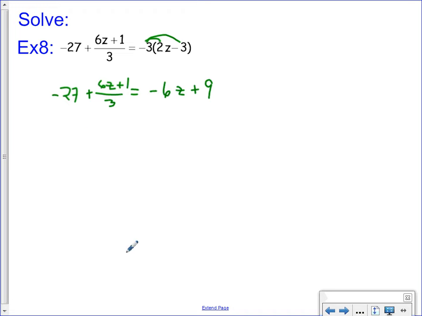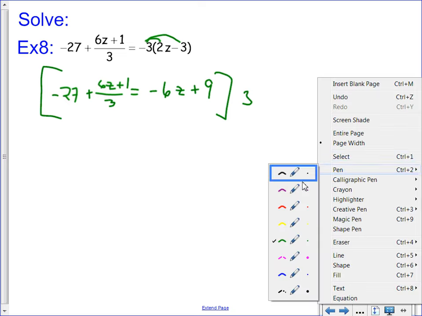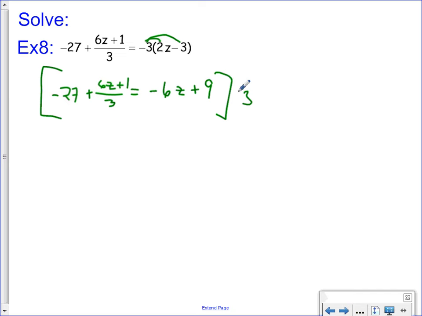Multiply by 3, exactly. So if we multiply everything by 3, right? So here's the distribution. We're going to multiply the negative 27 by 3, which is, I'll do it for you. There you go. When you multiply this thing by 3, all it does is cancel the denominator.